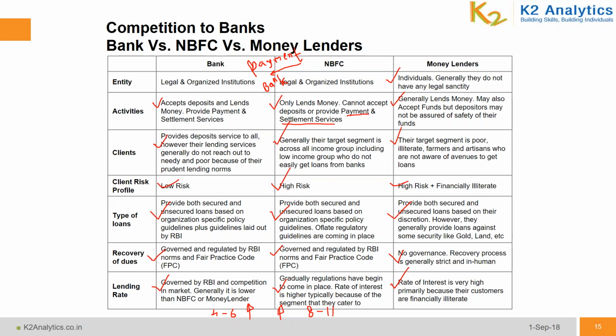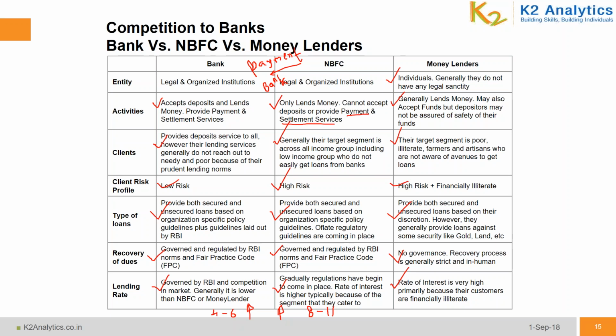Second is, banks do not cater to high risk, but regulatory norms say that you have to cater to all segments, and the segment which banks typically avoid because it is high risk is called the priority segment.